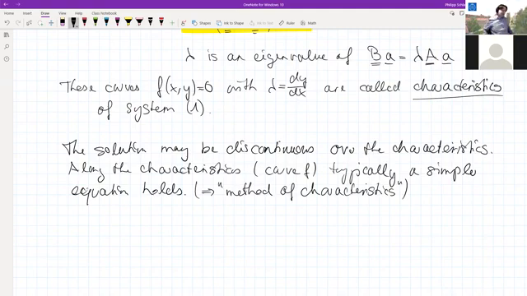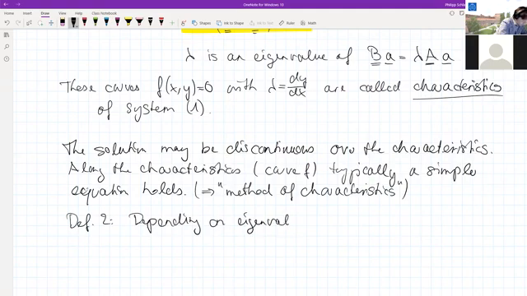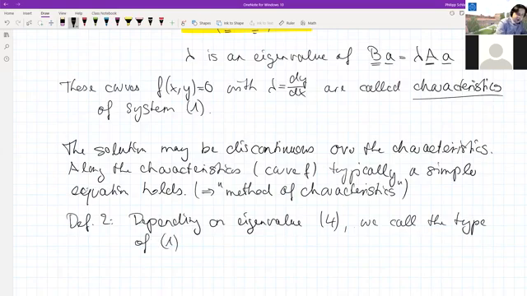Now, depending on the number of eigenvalues and the type of the eigenvectors of these characteristics, we can do the type classification that we wanted to do. So that's definition number 2. Depending on the eigenvalue in equation number 4, we call the type of the original system 1 as follows.